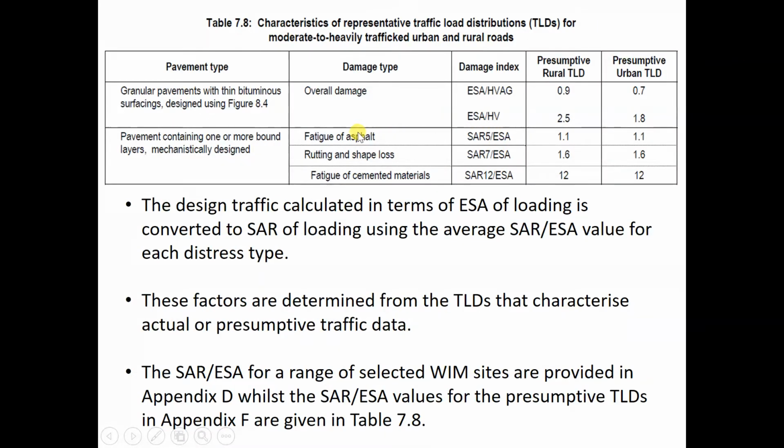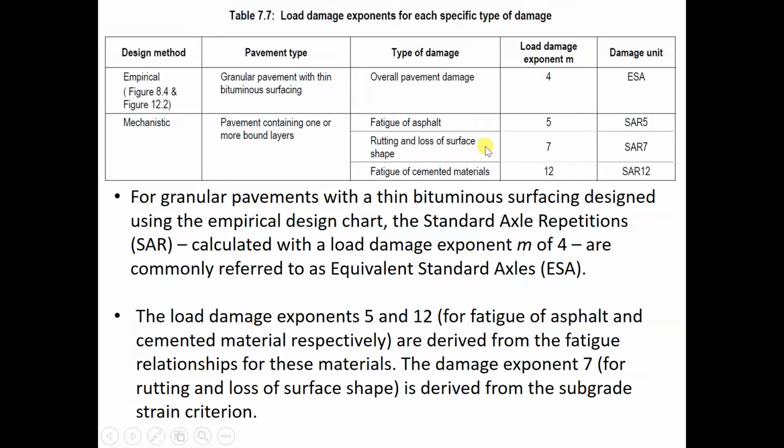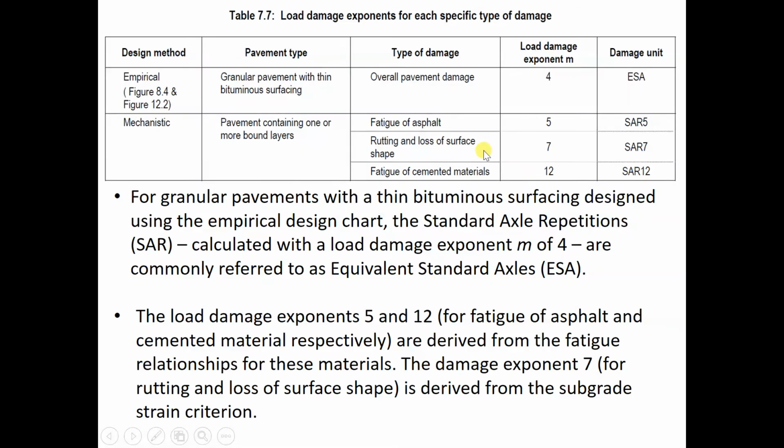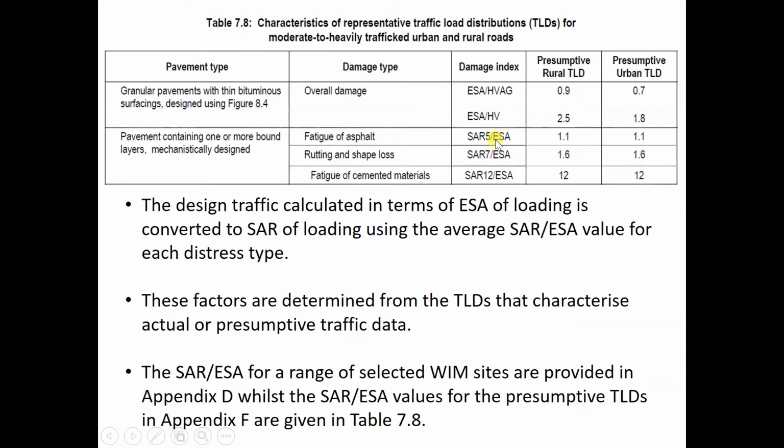For example, this one for the asphalt, the SAR. It will be this one. Based on the asphalt there are some ratios, because the HVAG just now we can change to the SAR, and these are the ratios.